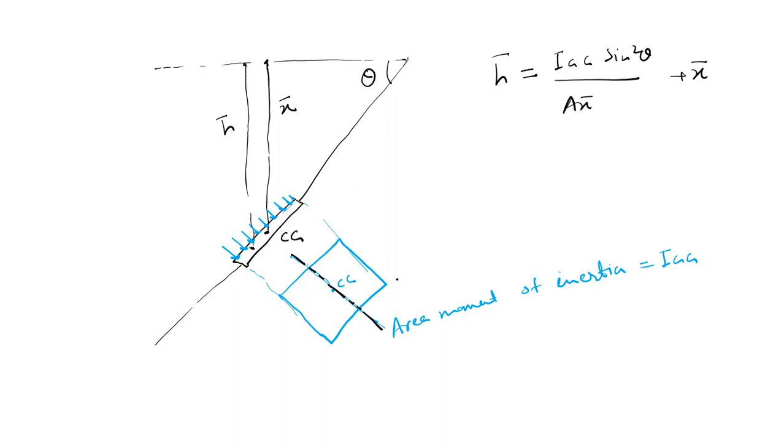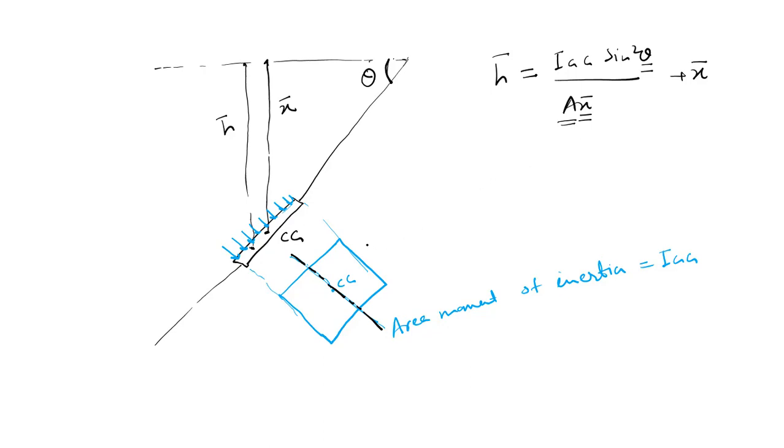Clear? Theta is nothing but the inclination angle of the plate from the free surface. What is x bar? X bar is nothing but the center of gravity of the plate from the free surface, and A is the normal area.